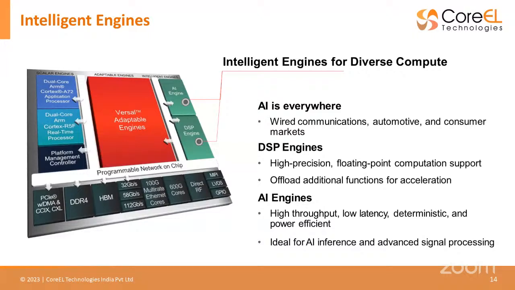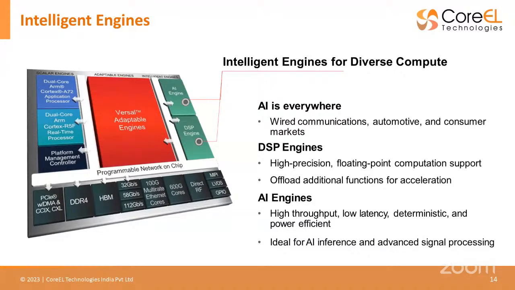Okay. So we all know that we are trying to integrate AI into everything possible, right? Instead of human intervention, we're trying to go for AI intervention, right? So whether it be your wireless communication, your automotive, your consumer markets, the self checkouts, the ADAS features that we have on modern cars, a lot of things are happening with AI.